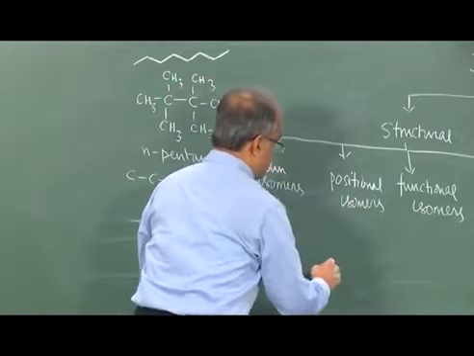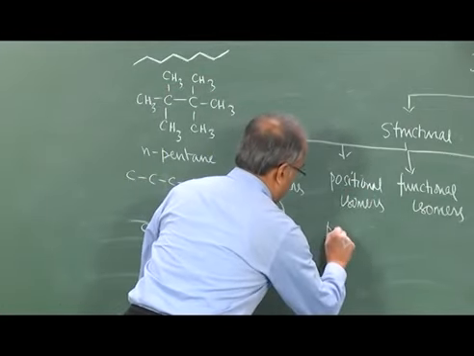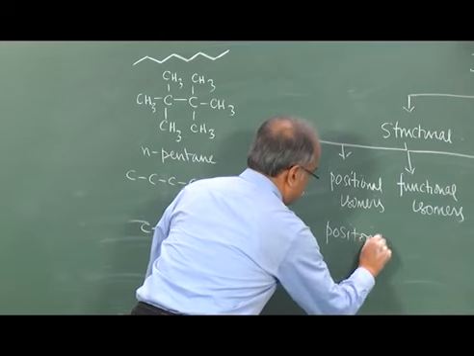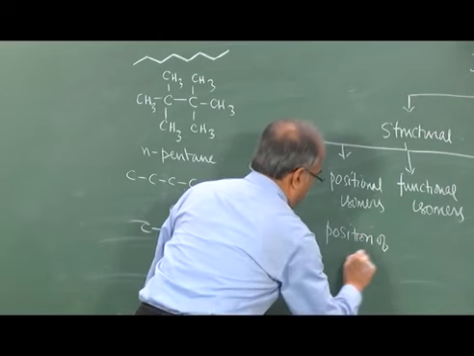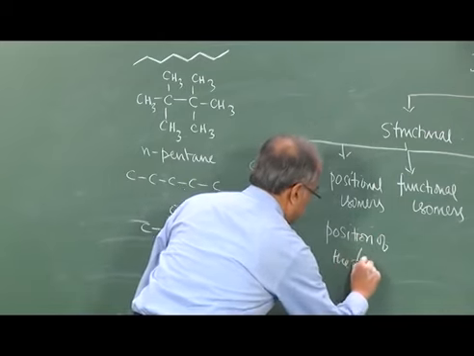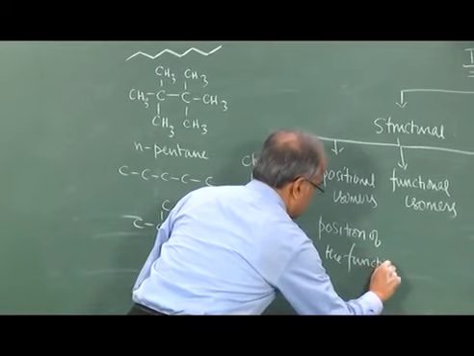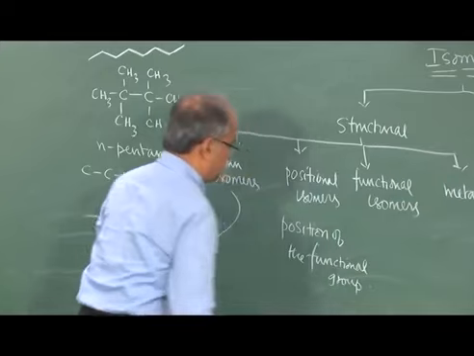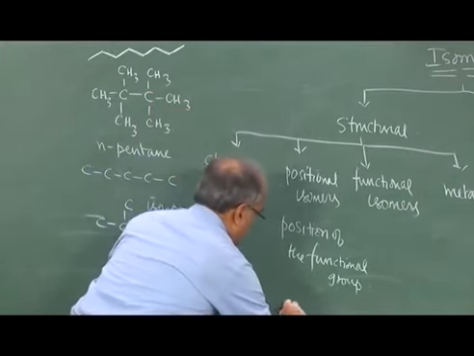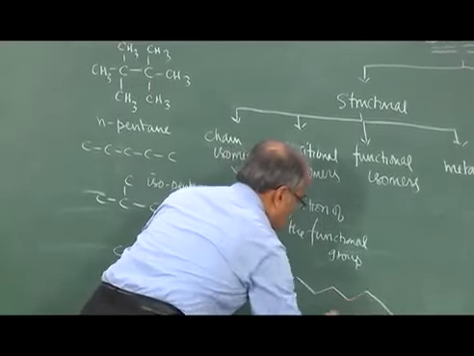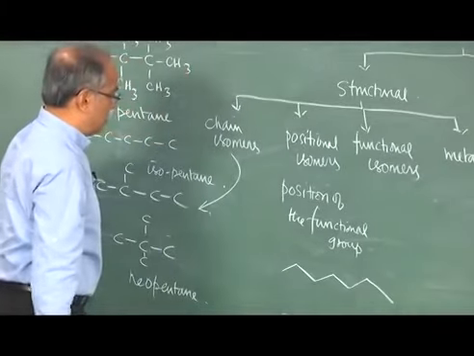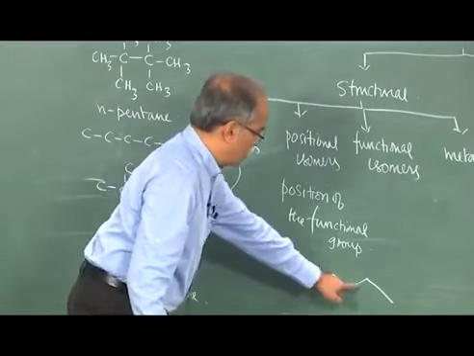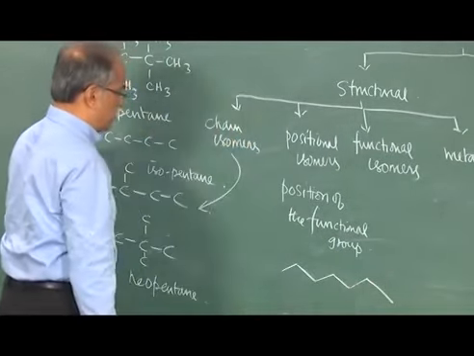Positional isomers are essentially isomers where the position of the functional group is different. Let us take, for example, a pentane chain or a hexane chain. In this particular case, a heptane chain is taken.